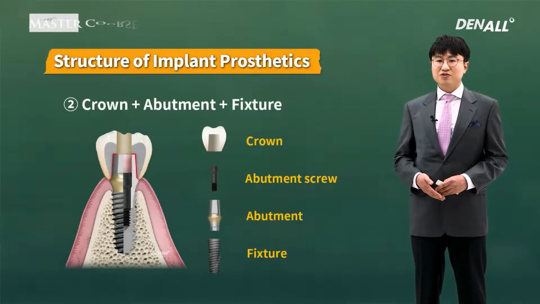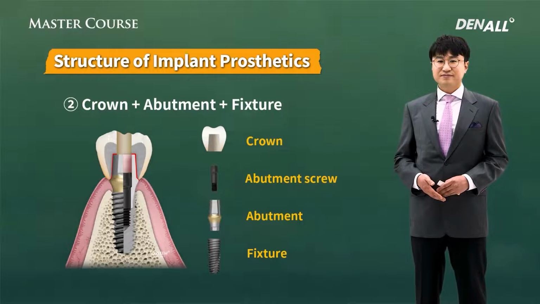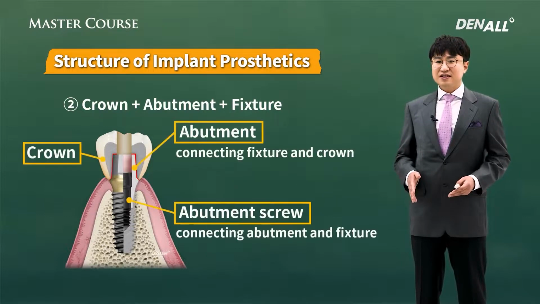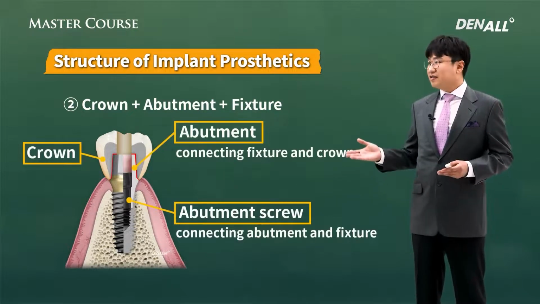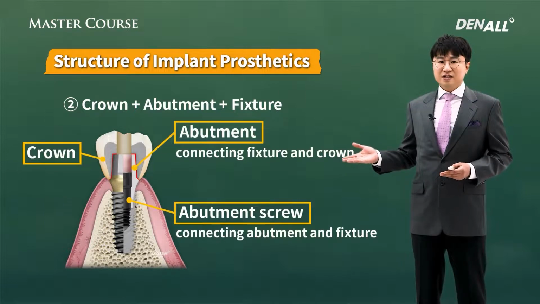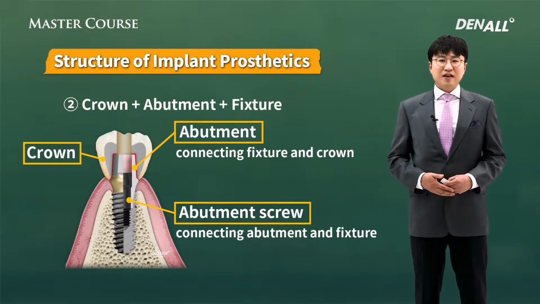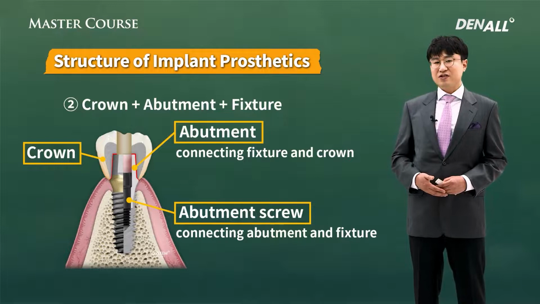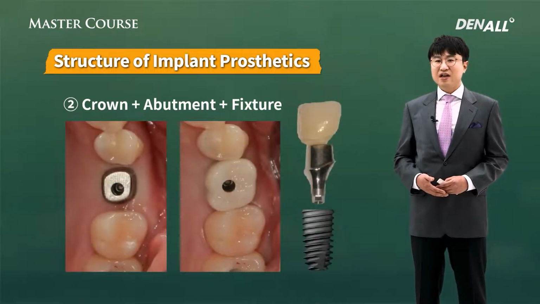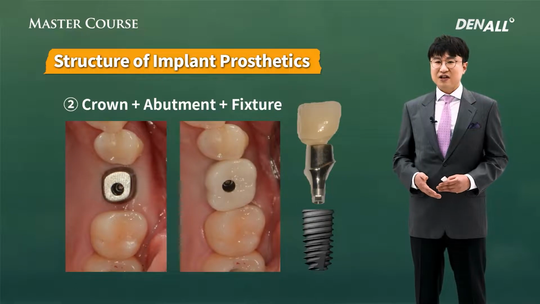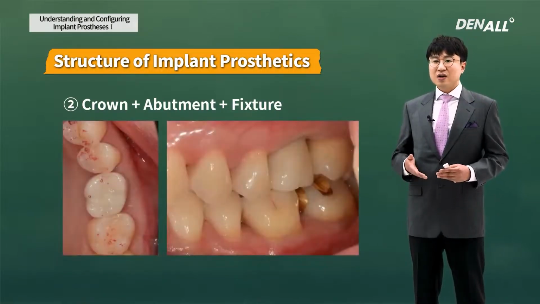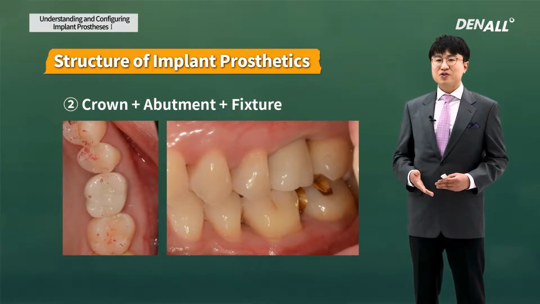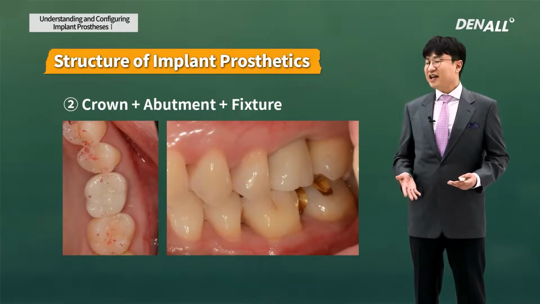So let's look now at the structure of the implant prosthetics. The fixture is screwed with the abutment, and then the crown is cemented. In the master course, I'm going to talk about creating or selecting the right abutment, the abutment shape, occlusion, and how to check that and make sure they're right.